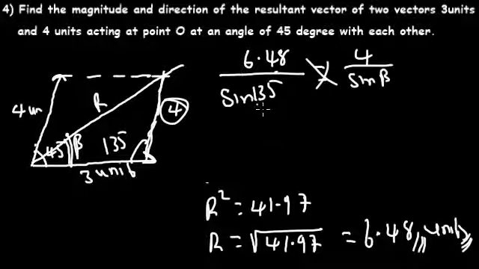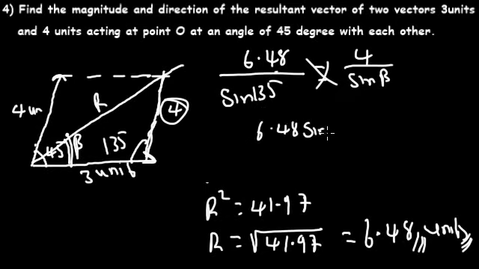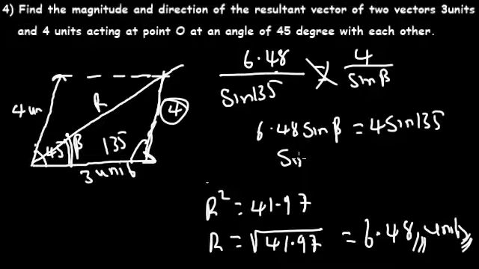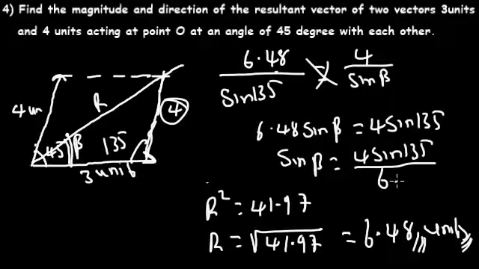If I cross multiply, we have 6.48 multiplied by sine beta equals 4 sine 135. So sine beta is equal to 4 sine 135 divided by 6.48. I've actually divided both sides by 6.48.